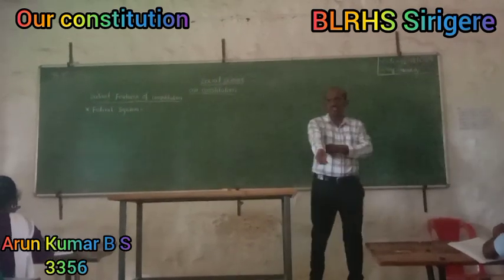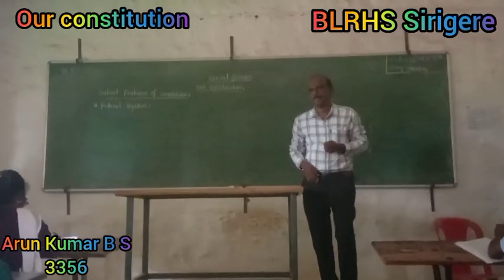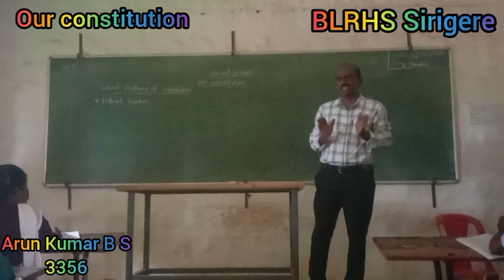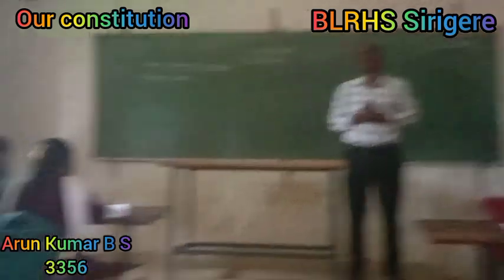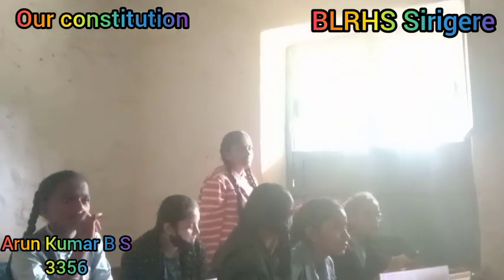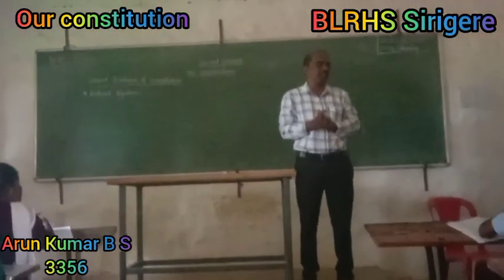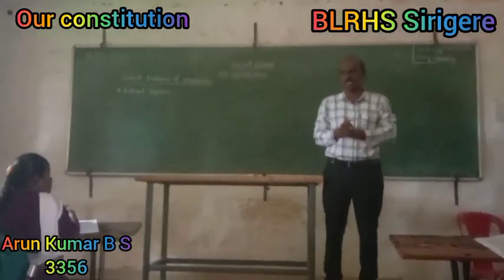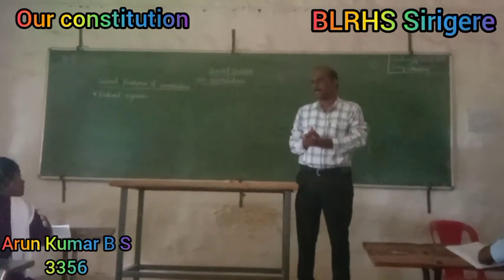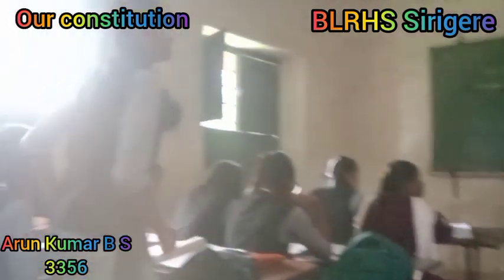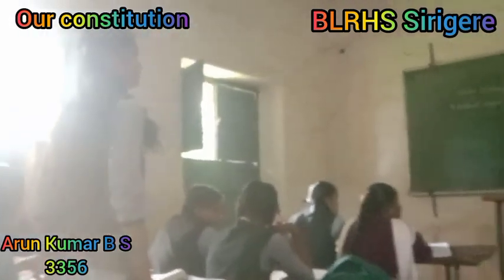So how many states are there in India? 28. Very good. There are 28 states in India. And how many union territories are there? 8 union territories are there in India.